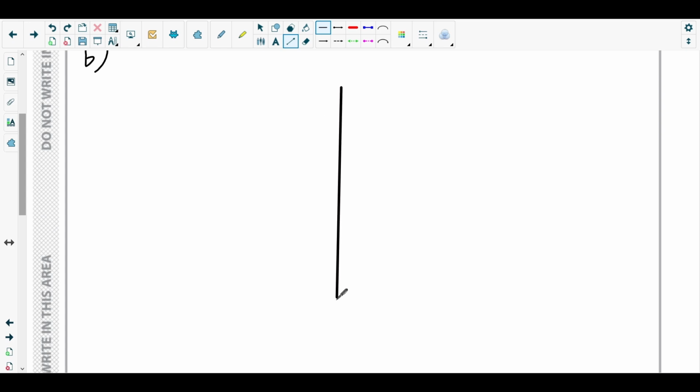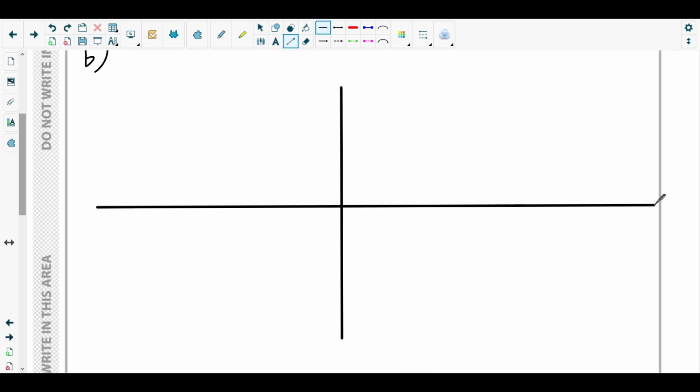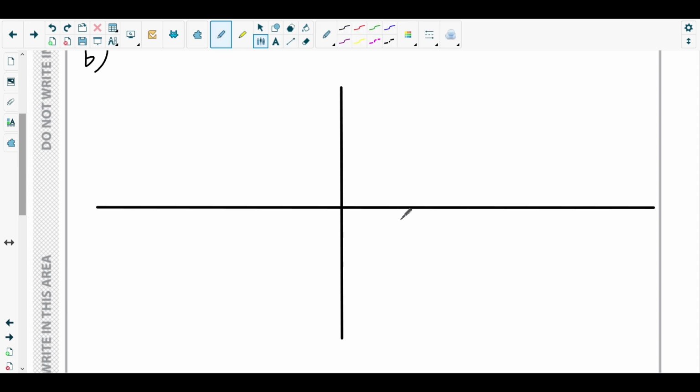Okay, this is the x-axis and the y-axis. Now consider it should be from negative 2 pi to positive 2 pi. It should be accurate. So let's say this is pi over 2, this is pi, this is 3 pi over 2, and this is 2 pi.